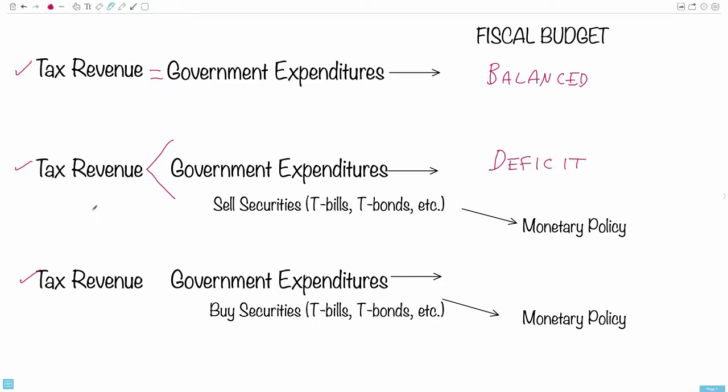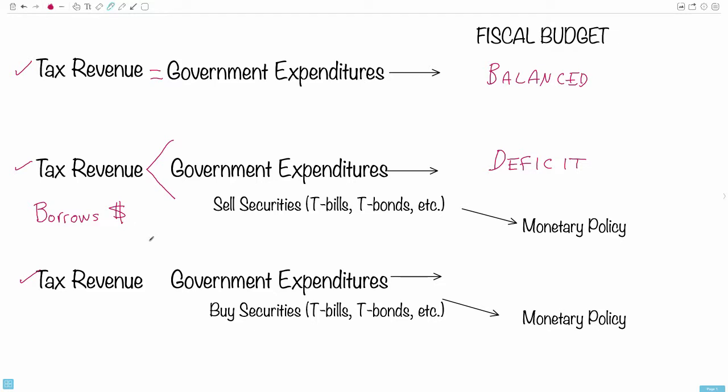Now, the question is, where is this money coming from? How is it possible that the government is spending more money than it is collecting? Well, the answer is: the government borrows money from the public. How do they do that?